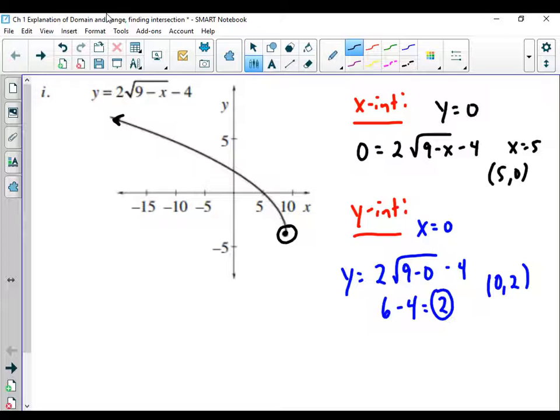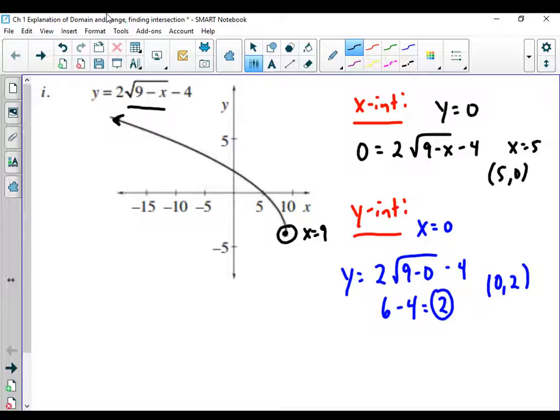Well, that certain point is when I had a square root that we tried to take the square root of a negative answer. So before I get to negatives, I get to 0. So in other words, I want to know, well, what value would give me 0 underneath that square root? Well, that value would be 9. So when x equals 9, which is what this value is right here, I get the square root of 0.